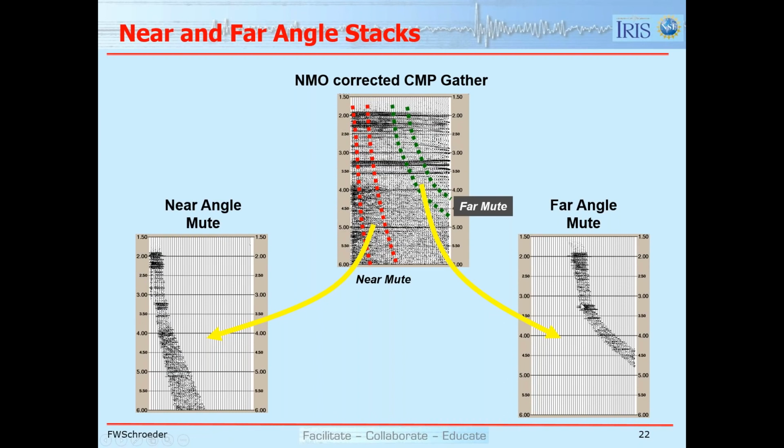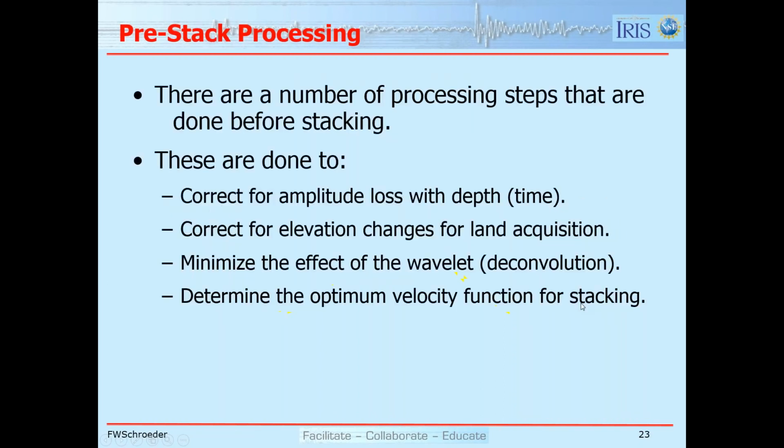And I'll be talking about that as these series of lectures proceed. If you have heard of AVO, or amplitude versus offset, that is this geophysical anomaly that we sometimes detect when we have hydrocarbons in reservoir rocks.